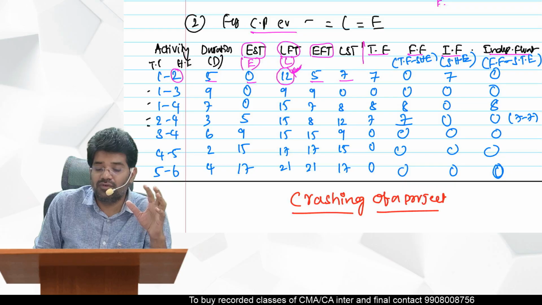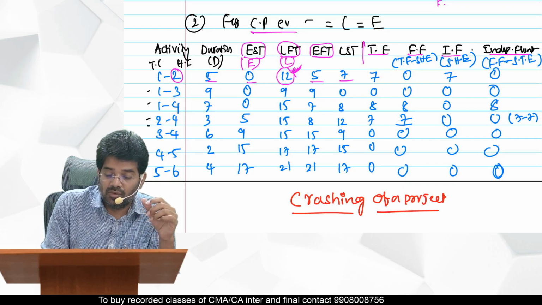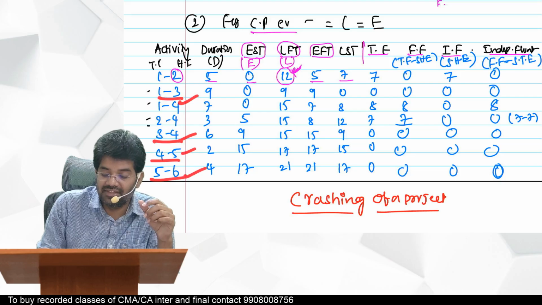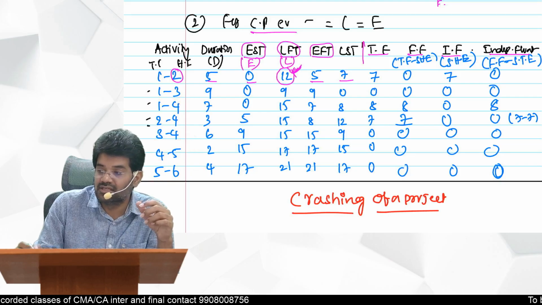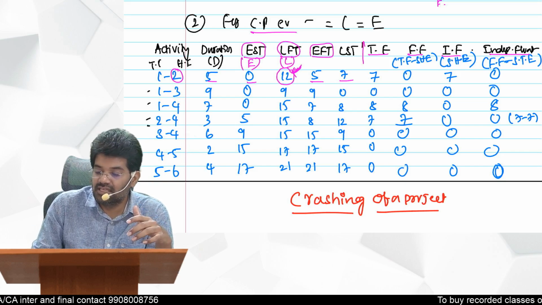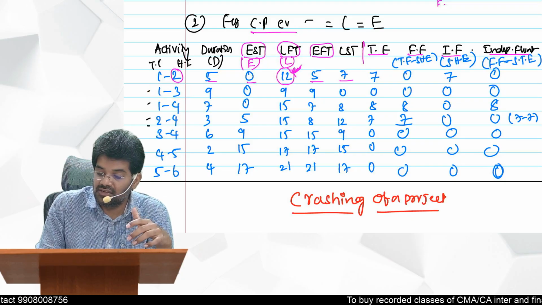The shortcut trick I told you, for all critical activities. What are the critical activities? 1 to 2 to 3, 3 to 4, 4 to 5, 5 to 6. For these, everything is 0 only. Everything means total float, free float, interfering float, independent float. You can check here, for 1, 2, 3 everything is 0.